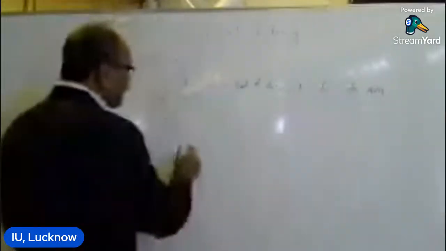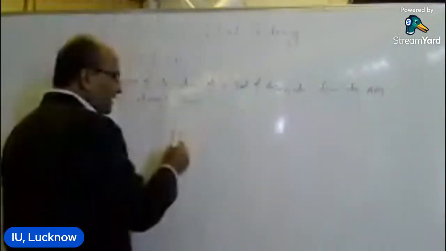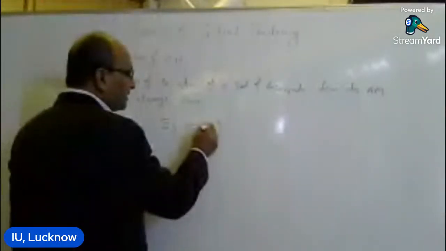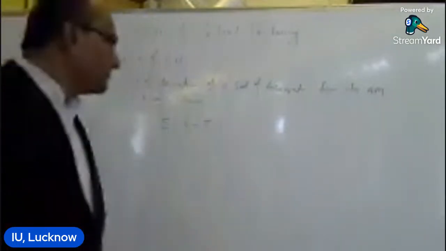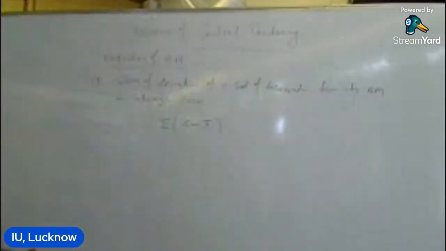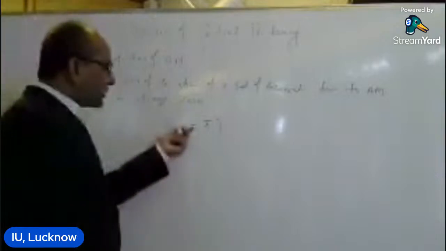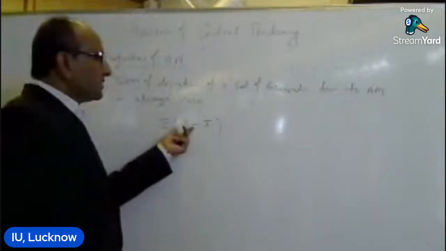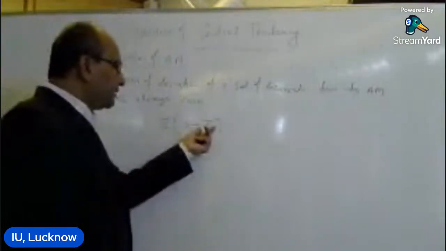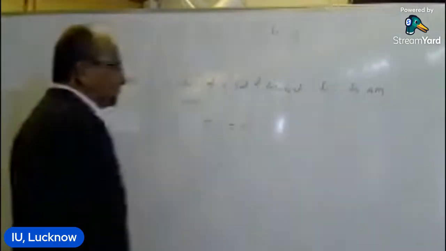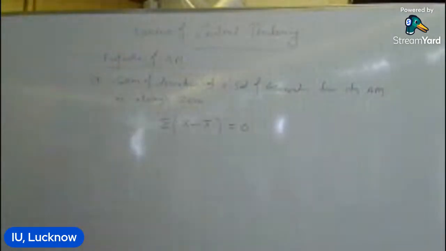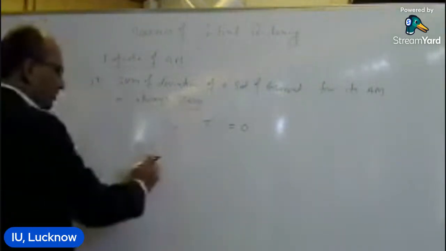If the observation is x, then their arithmetic mean is denoted by x bar. So the sum of the deviations of the set of observations from its arithmetic mean is equal to 0. This is our property. We can also prove it.